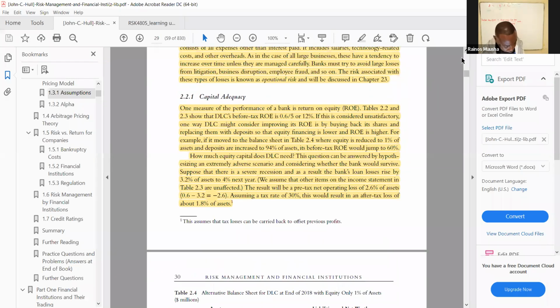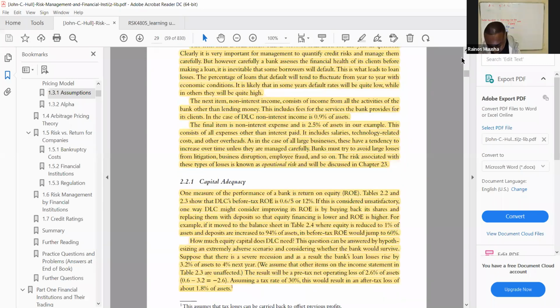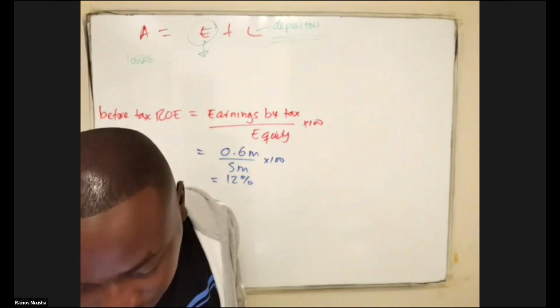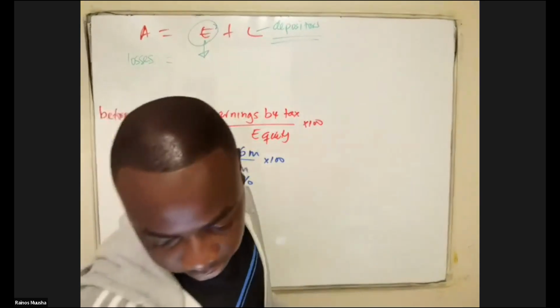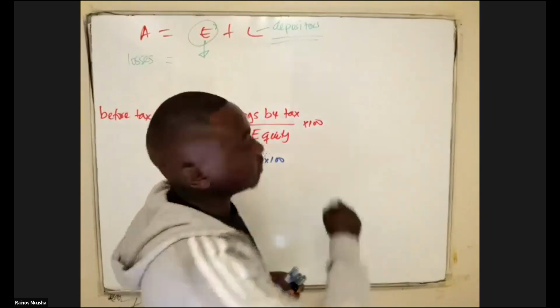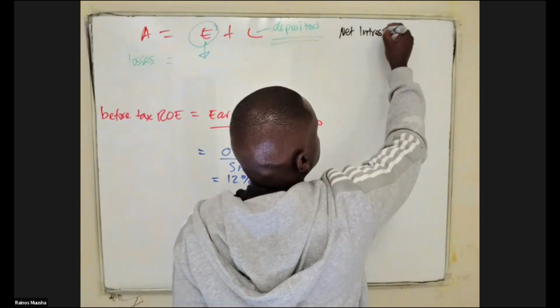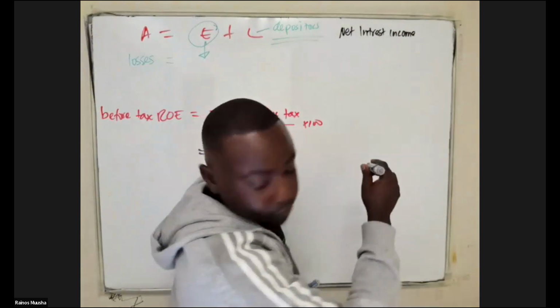Remember the loan losses initially were 0.8%. Now they're going to be 4%. So we are going to have net interest income of 3 million.